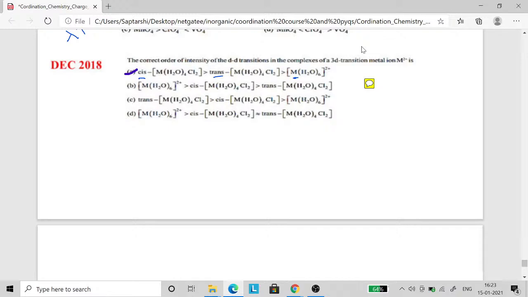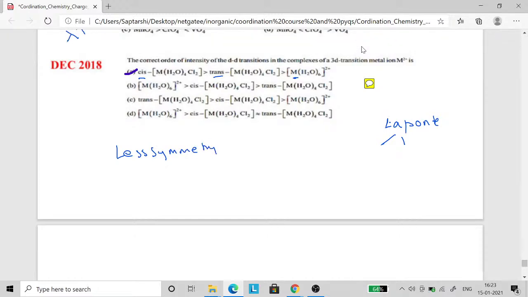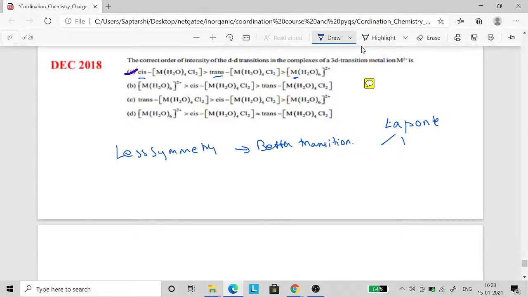See, normally all these complexes are spin allowed. They are all Laporte forbidden, because they are octahedral complexes, and the less symmetry they have, the better the transition.